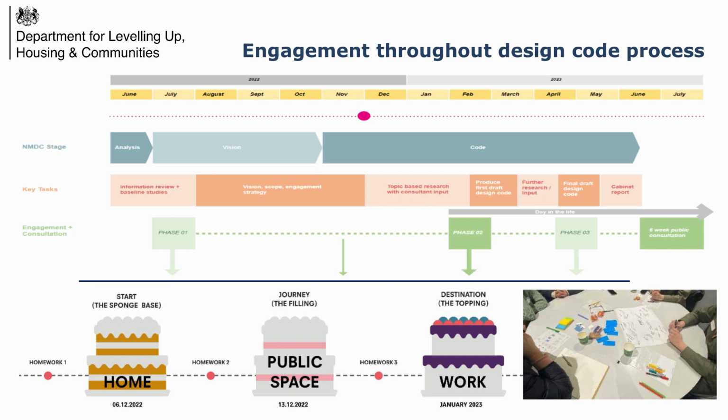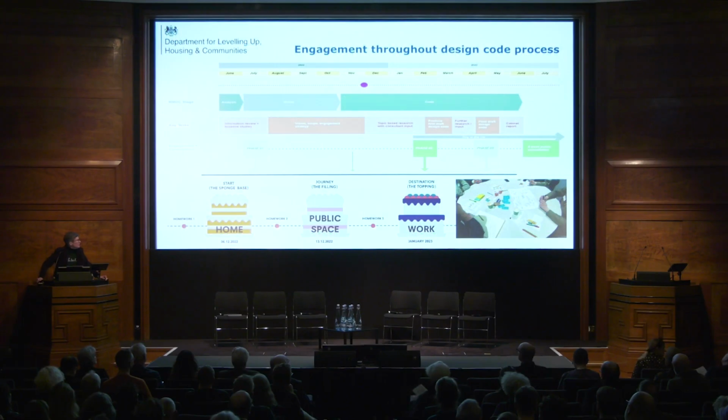For example, in this case, the role of the public realm. This Pathfinder held a series of in-person workshops that followed up on some business surveys and really tried to get into depth to understand what was important to influence the next stages of coding.